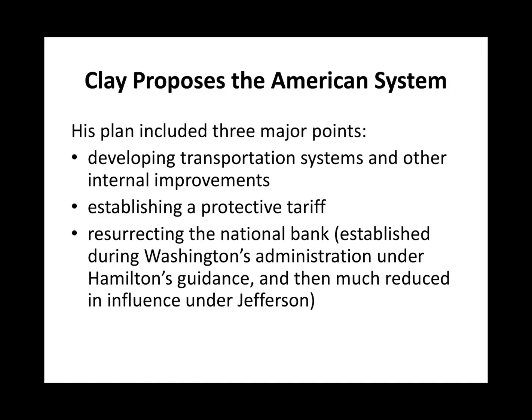So his plan included three major points. Developing transportation systems, establishing tariffs, that's tariffs on imports and exports. When you import something from a different country or export something, you have to pay a tariff, which is a tax, if you will. And the resurrection of a national bank.